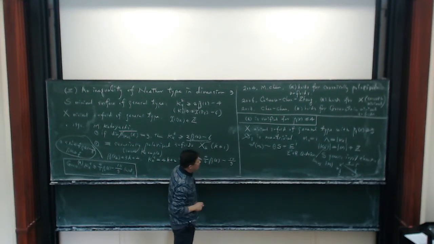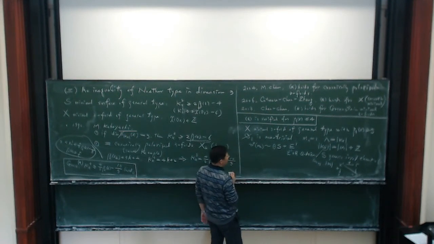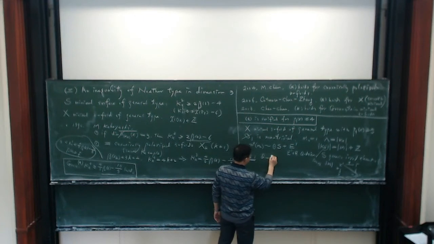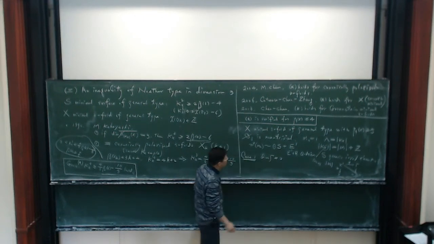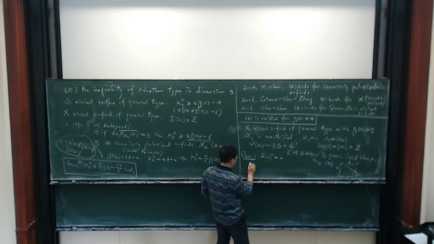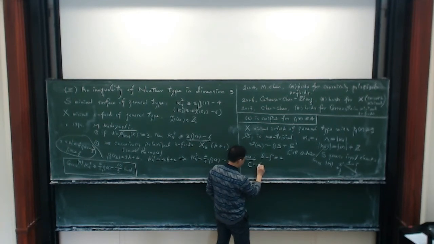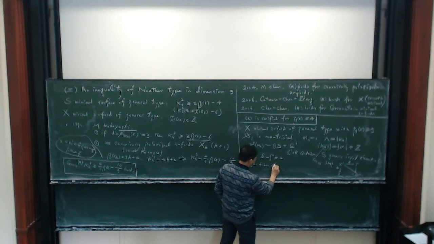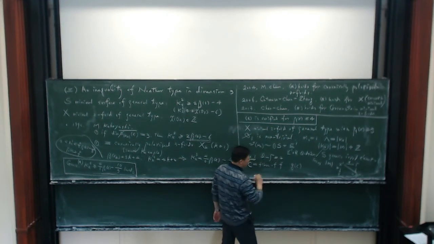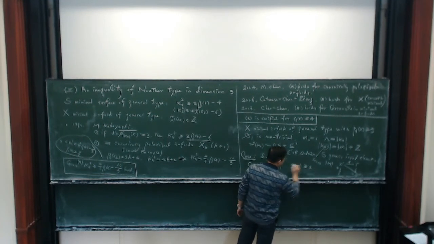So for example, if I study the first case, case 1, the dimension of gamma equals 2. I take C to be a general fiber of F. Therefore, the genus of C is at least 2.